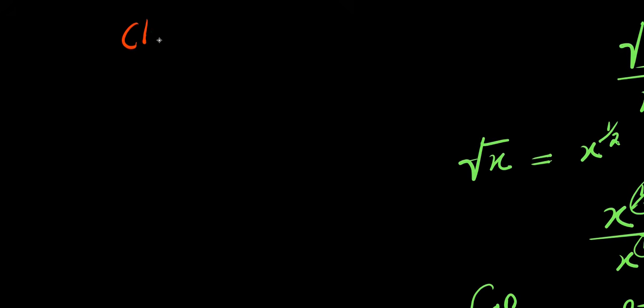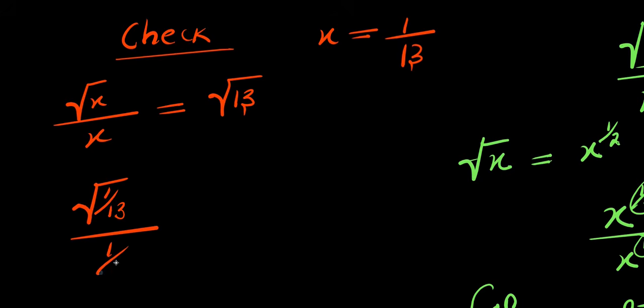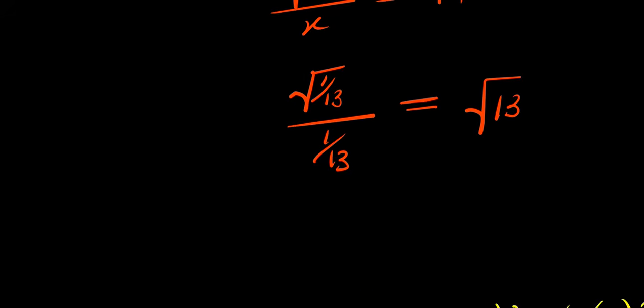We can check our equation, the square root of x divided by x equals the square root of 13, and our x is 1 over 13. So let's insert this value here. We have the square root of 1 over 13 divided by 1 over 13 equals the square root of 13. Now, if you have the square root of a over b, this equals the square root of a divided by the square root of b.